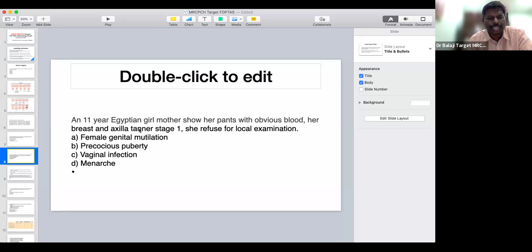But here the breast and axilla are in stage 1. So whenever you have something like that, it will be a local cause. It's definitely not menarche or precocious puberty. The blood is just like a menarche, but the breast and axilla have not developed, so that sequence is not happening. So it's probably a local cause, and in Egypt there is the practice of mutilation. So female genital mutilation is the answer here.